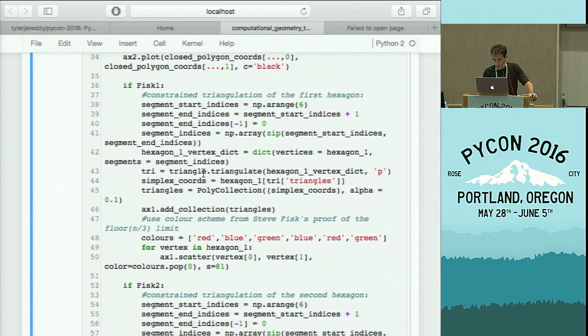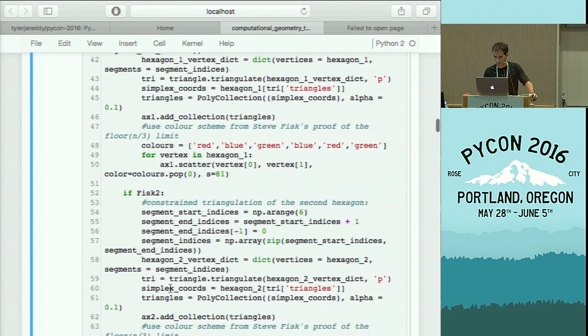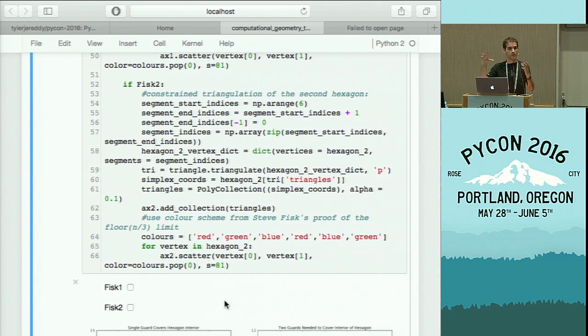So basically triangle.triangulate, again feeding in the edges and the vertices of the first hexagon, and doing the same thing for the second hexagon, and just plotting those triangles. So now we're using these matplotlib PolyCollection objects, which are useful for plotting polygons, especially if you have more than one. If you have thousands of triangles, it's better to add a collection of triangles in matplotlib as opposed to trying to do a Python for loop and adding them one by one, which can get really quite tedious and quite slow.